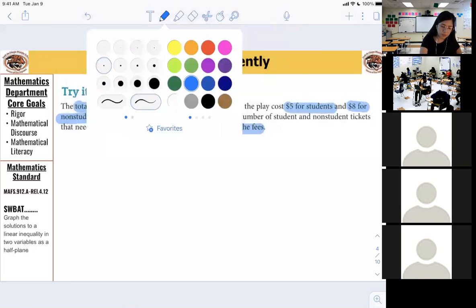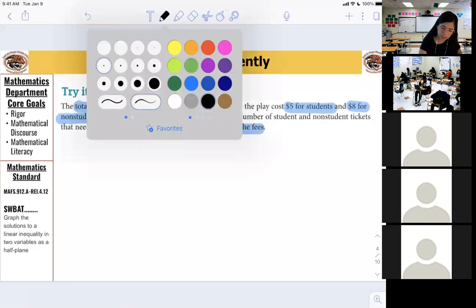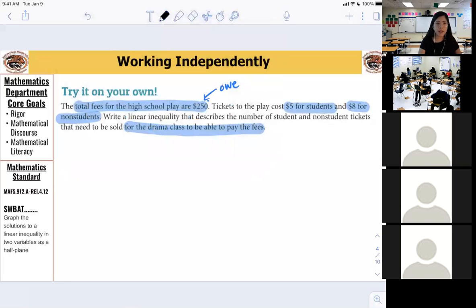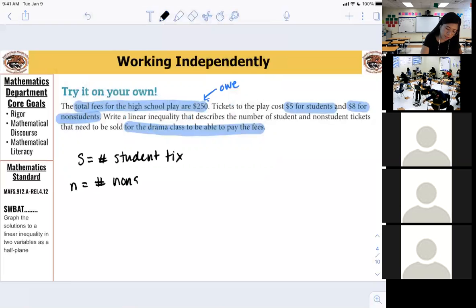So what variables did y'all use? It didn't tell you what you had to use. So did anyone pick any fun ones? S and N. So S is the number of student tickets, and N is the number of non-student tickets.